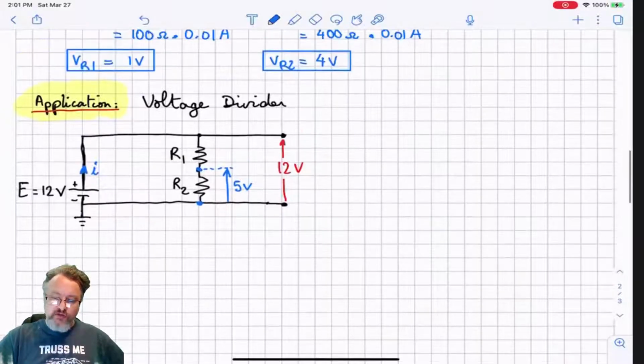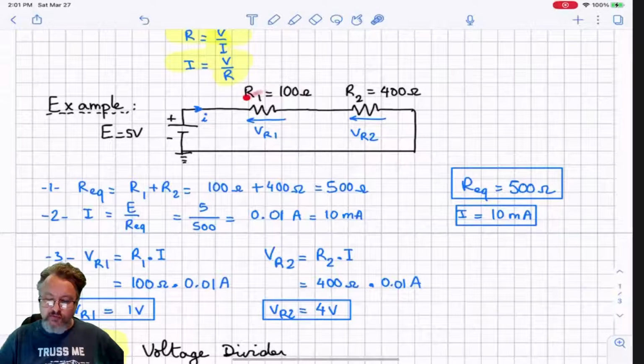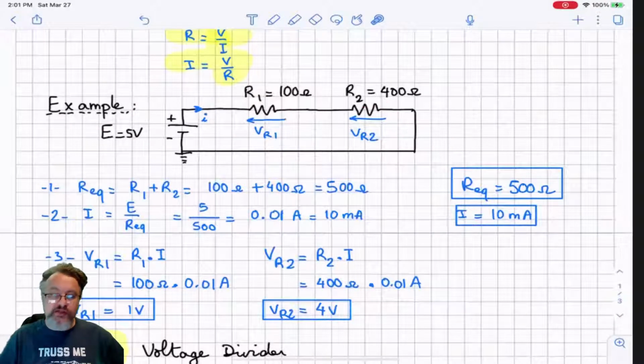If we go back to the previous problem, if I put a multimeter over this one, I'm just going to see 1 volt. If I put a multimeter over this one, I will just see 4 volts. In this first example, I gave you the resistances and asked what the voltage drop is with this battery across those resistors.